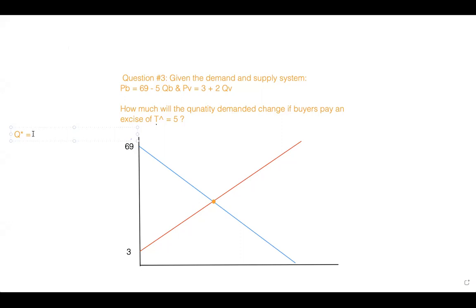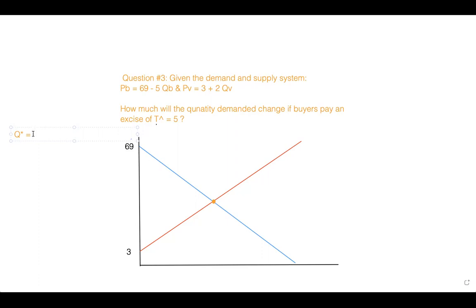What about you, German? What did you get? German? What about you, William? I think I got a wrong answer. Well, okay. And William, what did you get for Q star?